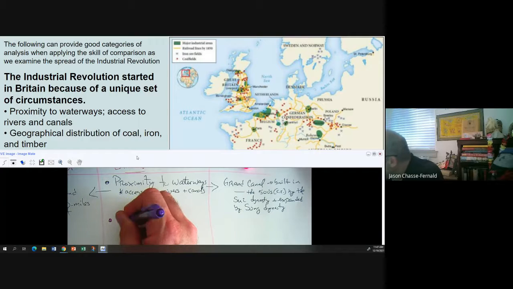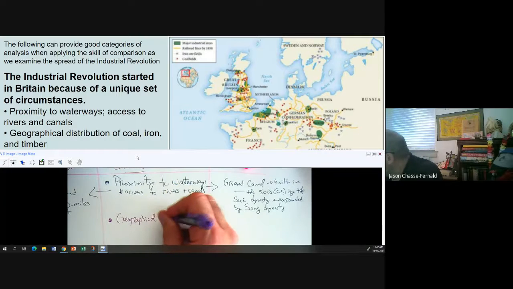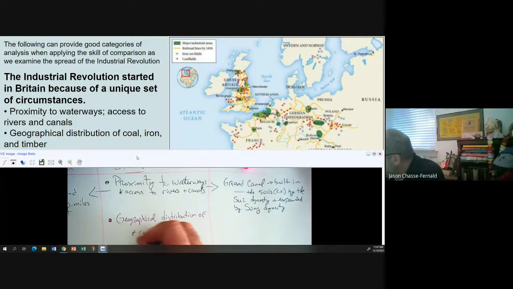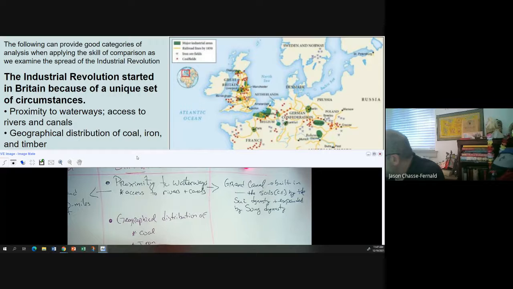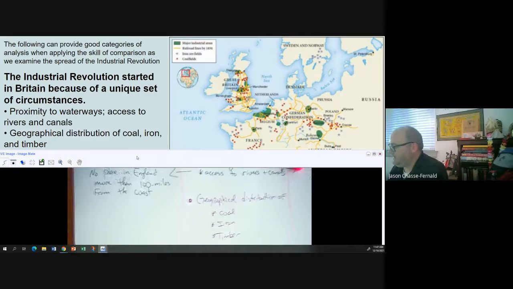Geographic distribution of coal, iron, timber. Let's look at this. In England, I'm going to keep that slid up there.